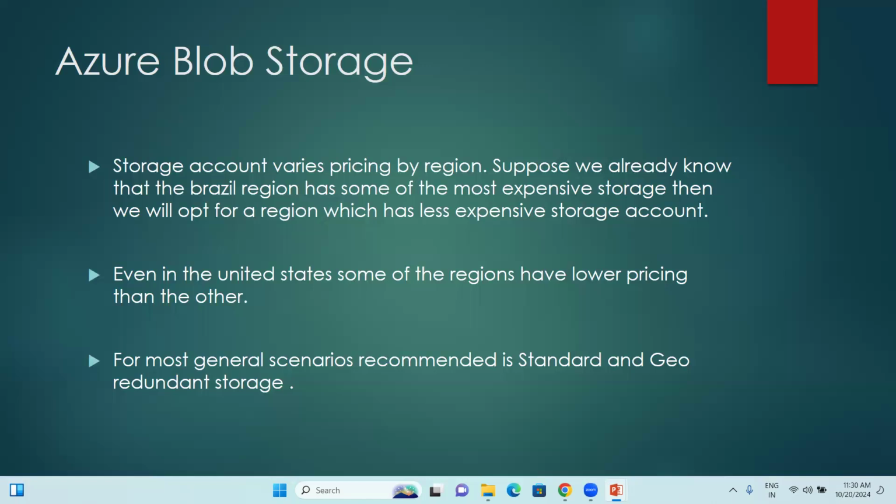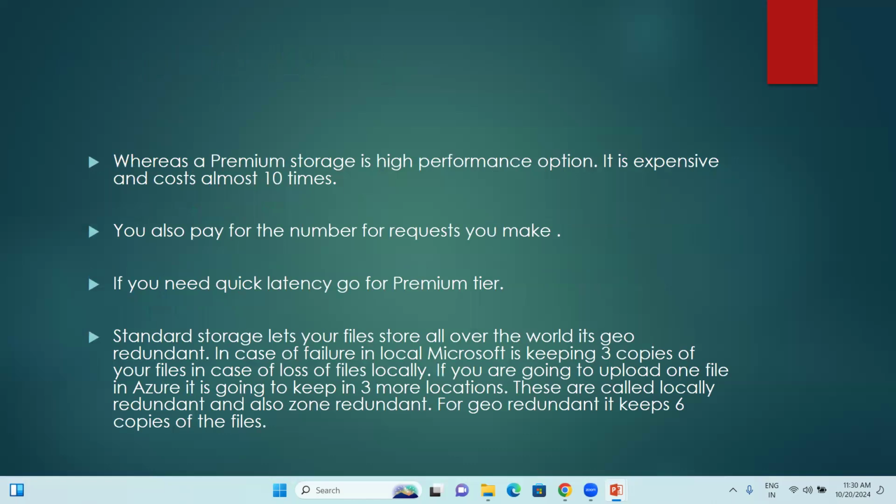You define that, and based on that you get the premium service. Premium storage is high performance, but it is expensive also. Cost is always there, remember. While choosing these storage services, we have to be cautious of the price and costing. If you select a region with low latency and quick response, along with premium storage, it may be expensive.